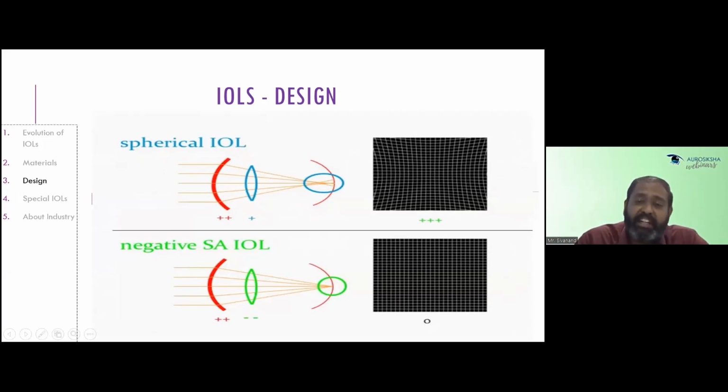But the negative spherical IOL, which is better than a zero spherical aberrated IOL, compensates the positive spherical aberration of the cornea, which is the second image at the bottom. This lens compensates the positive aberration of the cornea. The net result is a better IOL when placed inside the eye.